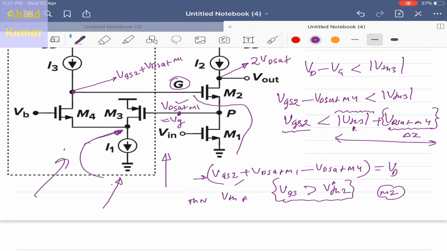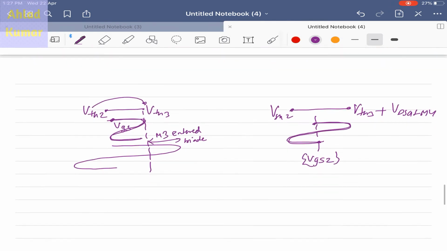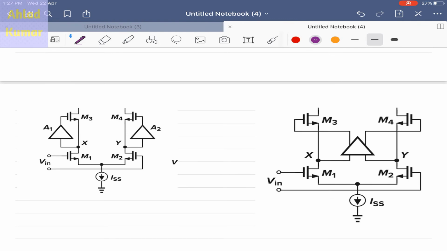So the next thing that we will see is how to incorporate these gain boosting circuits on existing telescopic and folded cascode amplifiers. So the very first circuit diagram which is shown over here is basically the application of gain boosting techniques on simple cascode amplifiers. If A1 and A2 were not there, then M3 and M1 form a cascode amplifier.